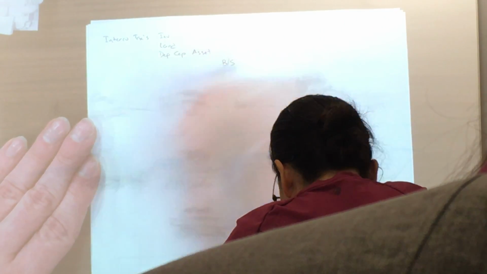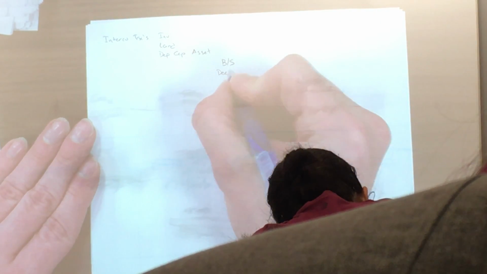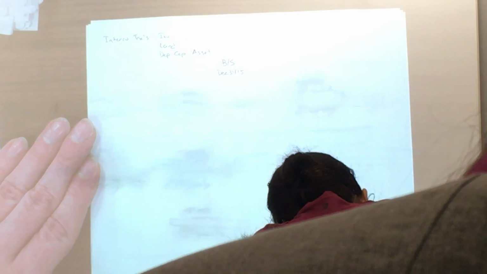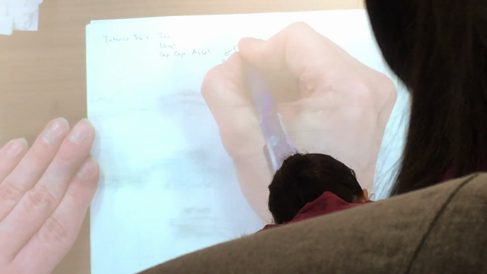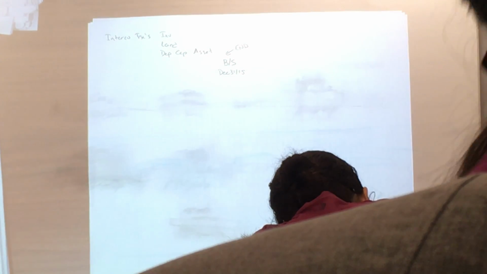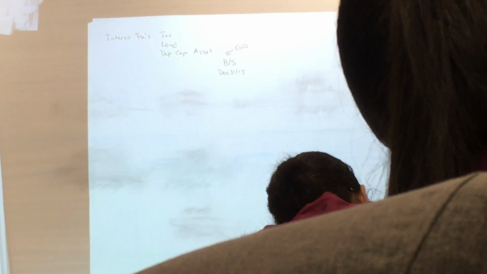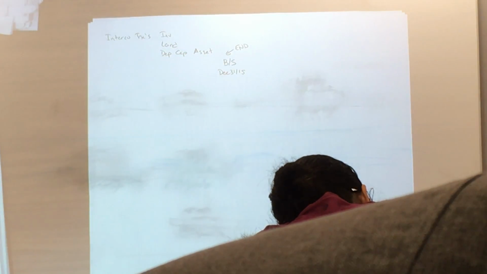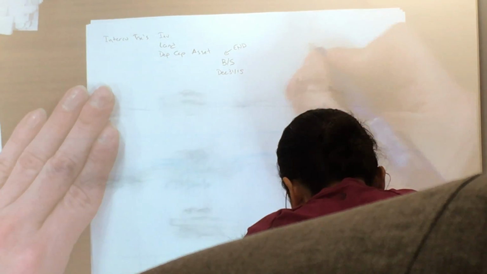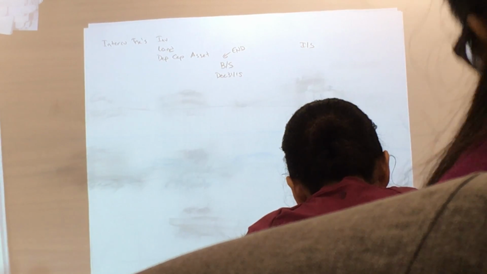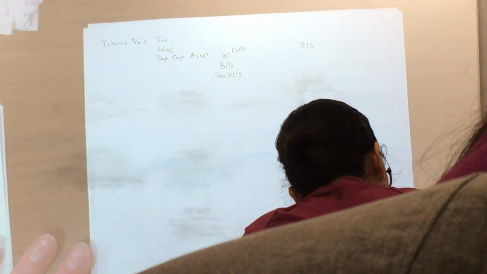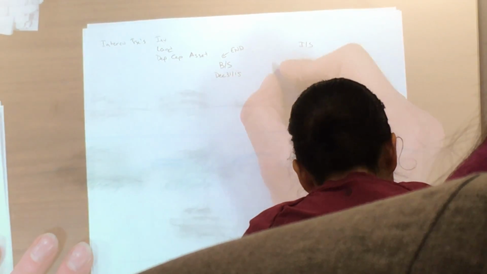We're going to have a balance sheet column, and our balance sheet is on December 31 of 15. In other words, this is at the end, the end period. We're also going to have an income statement section. What do we find in the income statement section?